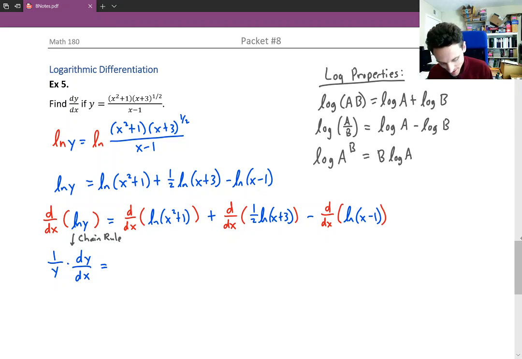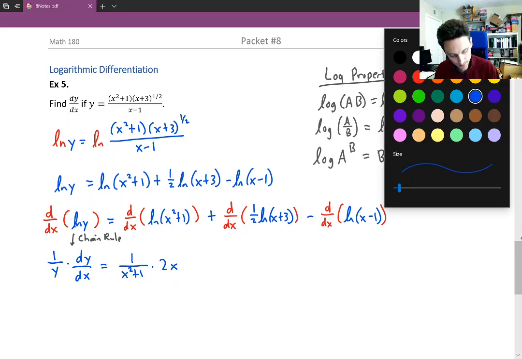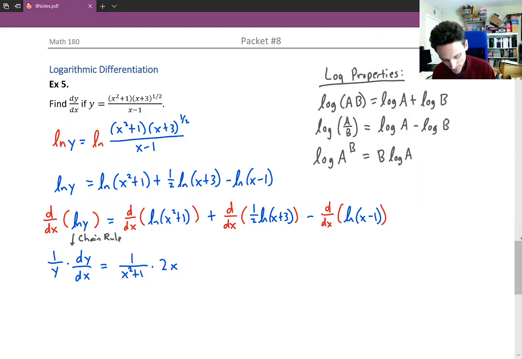So we're going to have 1 over the inside times the derivative of the inside with respect to x, and that is 2x. This is another chain rule. In fact, all of these are going to be chain rules. I'll write it up. Chain rule, chain rule, chain rule, chain rule.